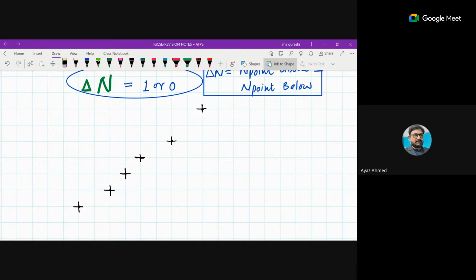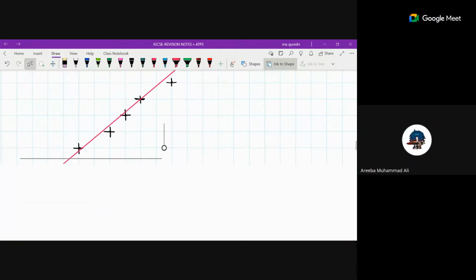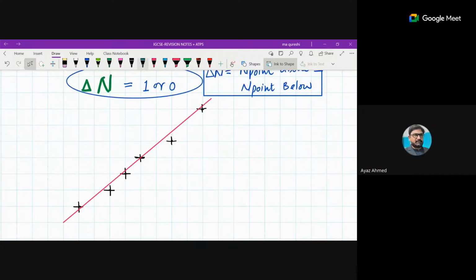If I'm just going to make the points in this way, I will just change this. For example, do you think that this line is the line of best fit? Hello, yes, sir. Is this line of best fit? No. No. So I will select another one.